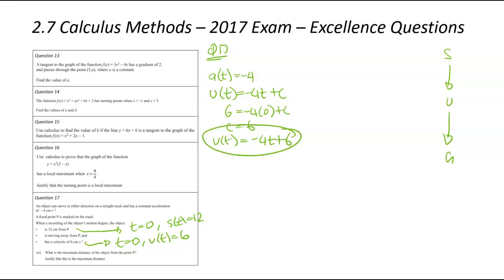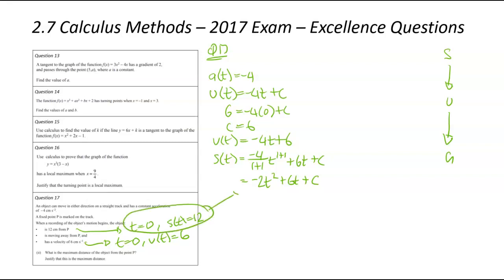I now need to integrate this again to find out the displacement. So s in terms of time is equal to -4 divided by the power plus 1, t to the power plus 1, plus 6t plus c. That becomes -2t squared plus 6t plus c. I'm now going to substitute in the displacement information that I know.